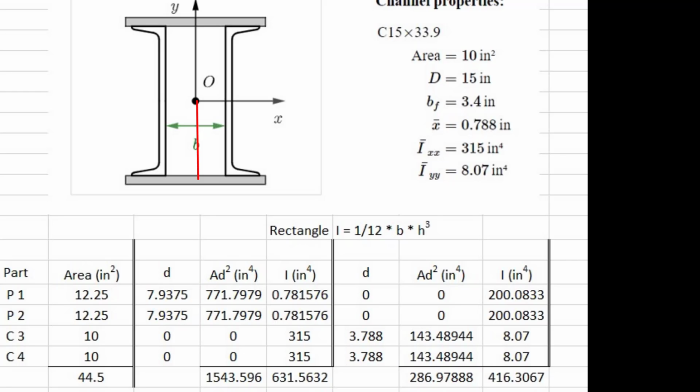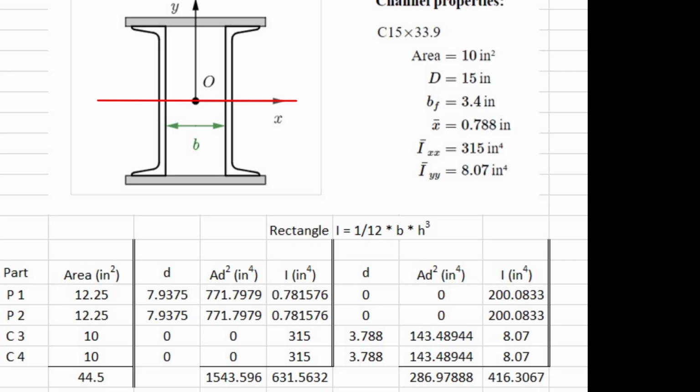We know that the depth of that channel is 15 inches, so it's going to be half of that, so that's 7.5, and that's going to be an additional half of the thickness of the plate, 0.4375, which results in 7.9375 for the D. Now the D for the channels is 0 because the centroid for those individual channels is located on the neutral axis.